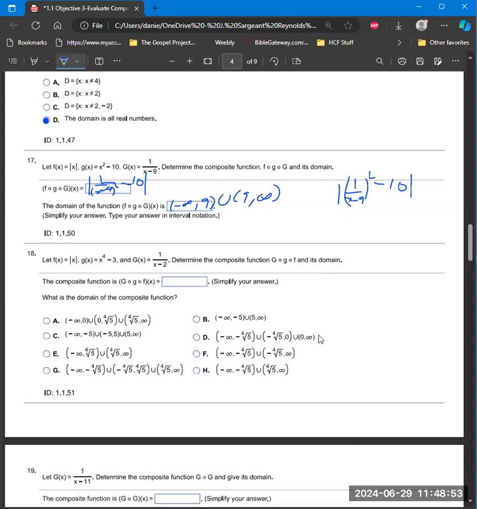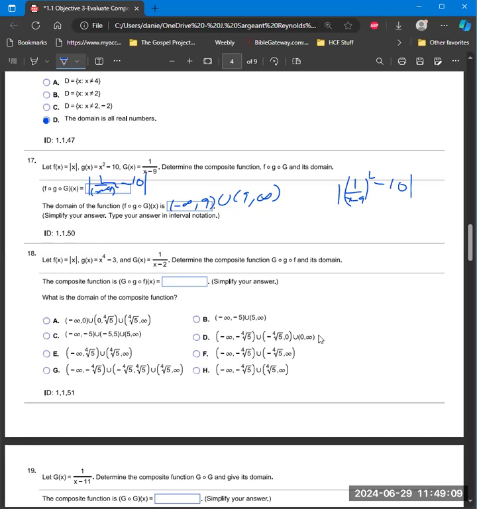Let's keep going here. f of x equals the absolute value of x. g of x is x to the 4th minus 3. Capital G of x is 1 over x minus 2. Compose capital G of f.